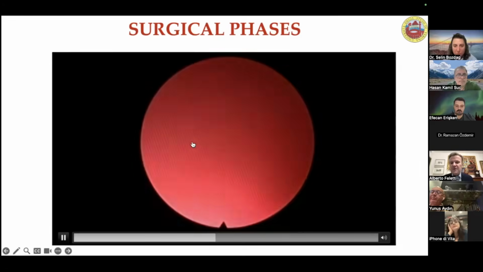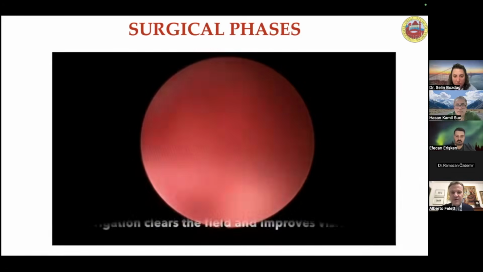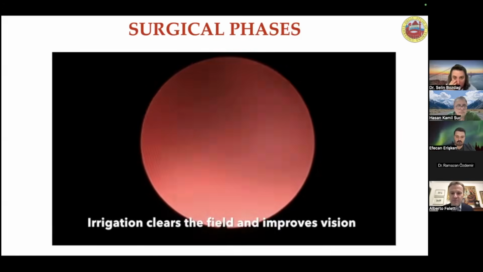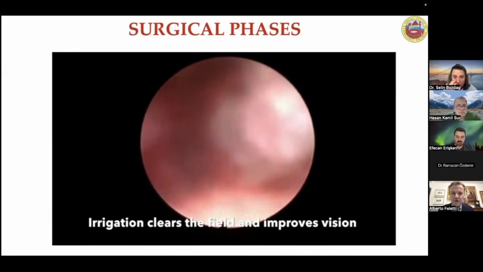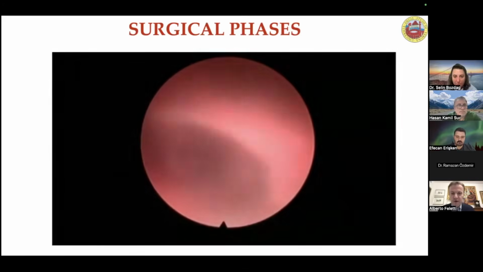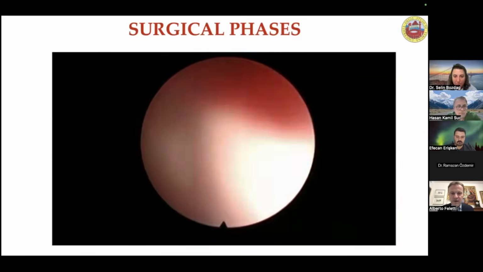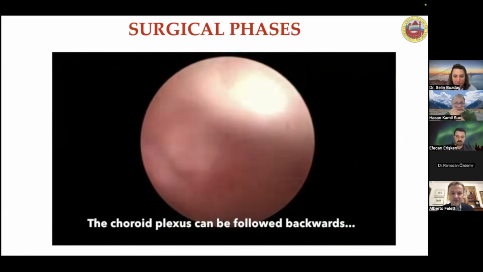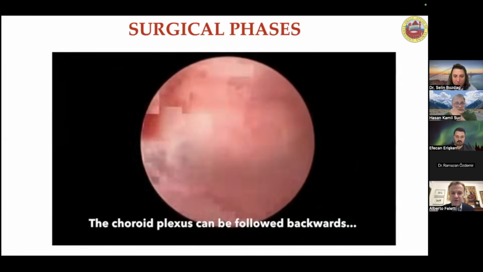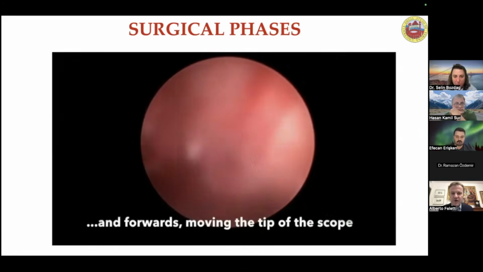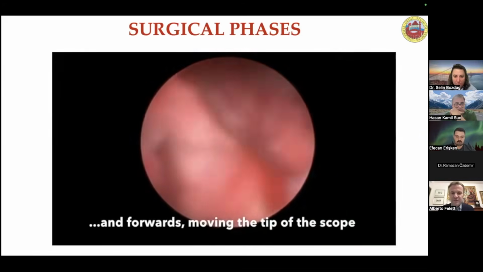And when you see the choroid plexus, then you feel much better because it's like a highway for you to follow all the way backwards to get rid of blood clots in the occipital horn of the lateral ventricle. And when you aspirate satisfactorily all the blood clots in the posterior part of the lateral ventricle, what you have to do is to follow the choroid plexus forwards.